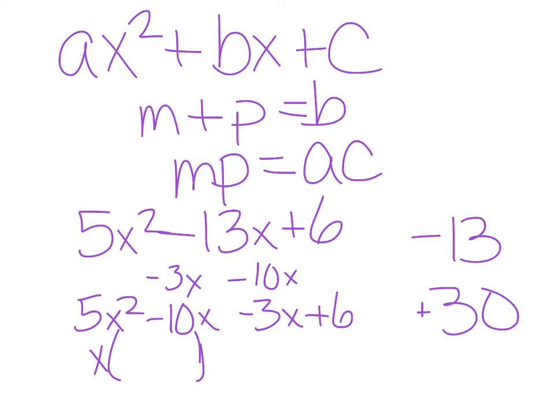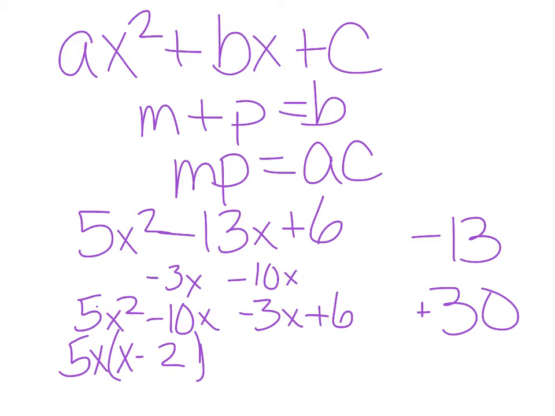Also, I think 5 and 10 both have 5 in them. So I'm going to factor out 5x. If I factor out 5x out of this part, the only thing I would have left would be an x. And if I factor a 5x out of this, the only thing I would have left would be negative 2.